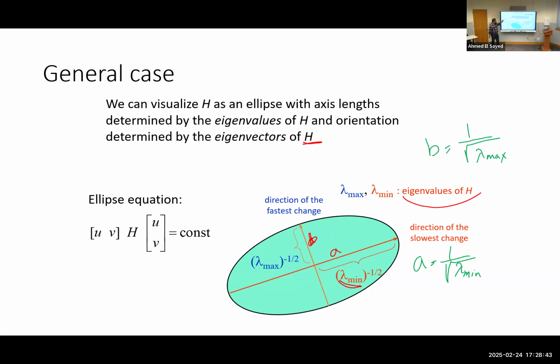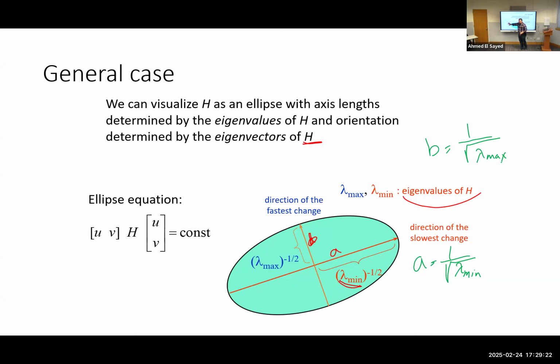Which makes sense. If this is big, then 1 over square root of it will be small. If this is small, 1 over square root of it will be the big one. Okay? Now, if lambda minimum and lambda maximum are both large, I will have small values of A and B, which will make the curve small. If they are small, I will have large values of A and B, and the curve will be big.